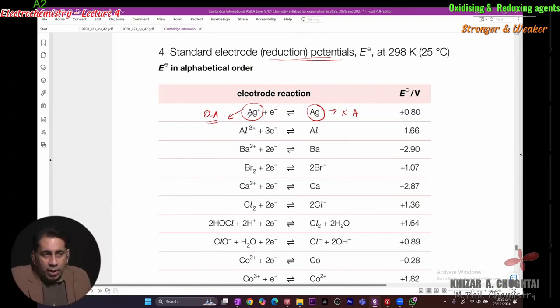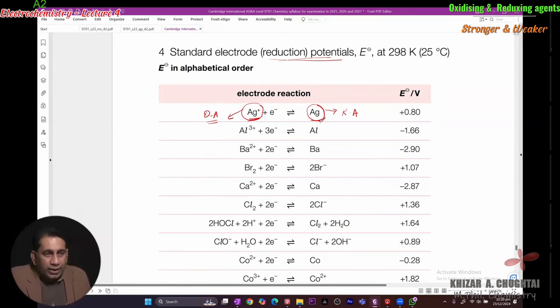So the species on the left hand side will be the oxidizing agent, and any element, compound or ion on the right hand side of the equation is a reducing agent. This is the main theme of this lecture.